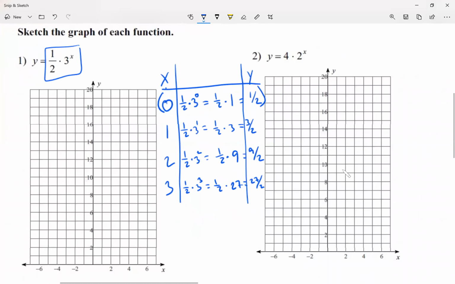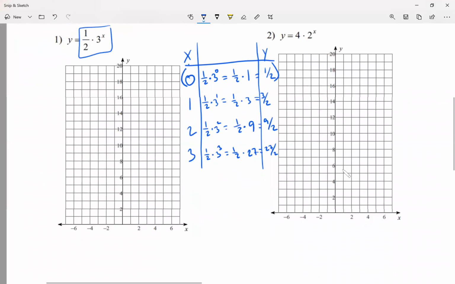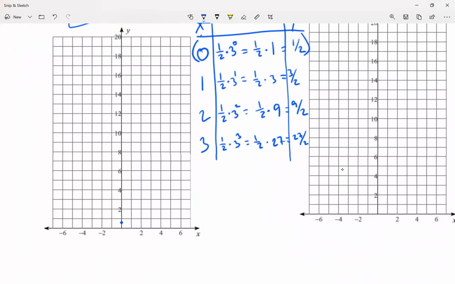So I came out with points. My first point is 0, 1/2. So that is right here. Now, one thing, notice that each of my squares I'm counting by ones. In your homework, your multiple choices, your squares I'm going to be counting by 2s. So just be careful on that.